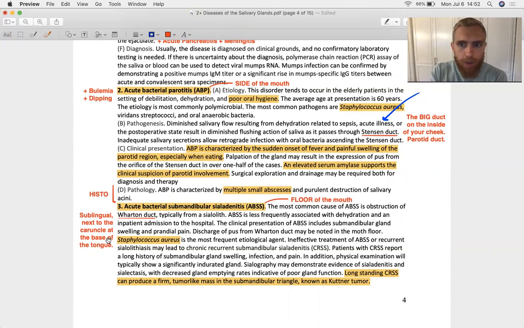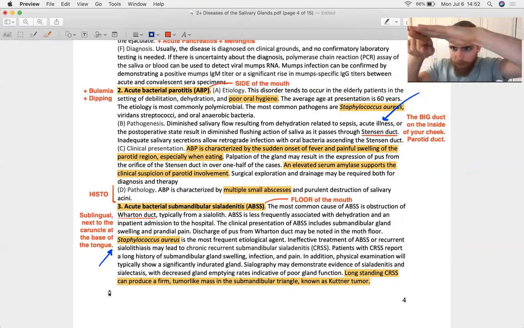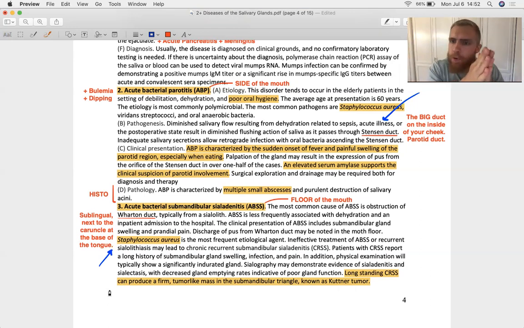And specifically, this duct is called the Wharton duct. And the Wharton duct is pretty midline, and it's right on the base of your tongue. Remember that your tongue sticks out, but then it's kind of anchored to the floor of your mouth by a thin little membranous frenulum. And then at the base of that frenulum, there's a caruncle, which is about as big as a pencil eraser.